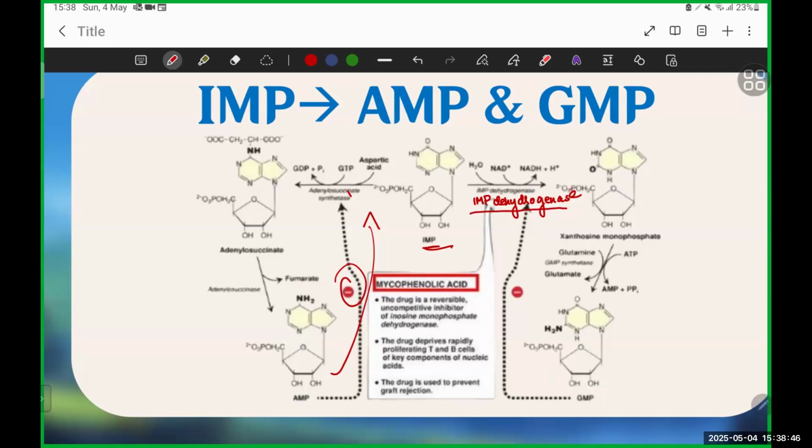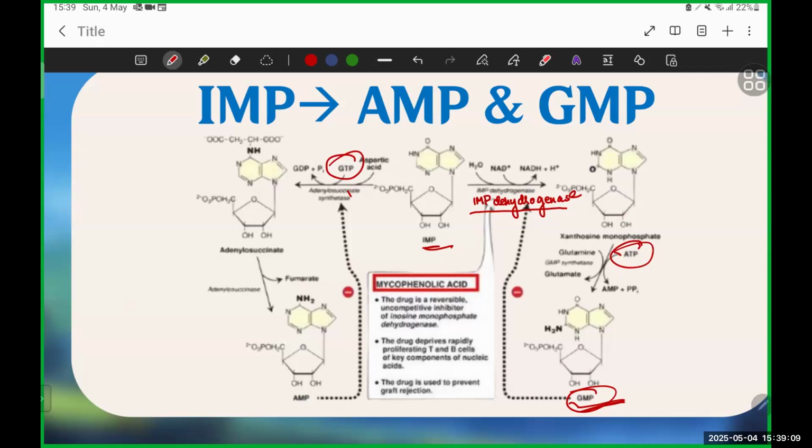And the funniest thing about this is they're kind of dependent on each other, because you form GMP here and eventually you're going to form GTP. When you're making AMP, you need this GTP, and when you're making GMP, you need ATP. So that's kind of a funny thing, how they're codependent on each other. We're going to talk about this drug later.